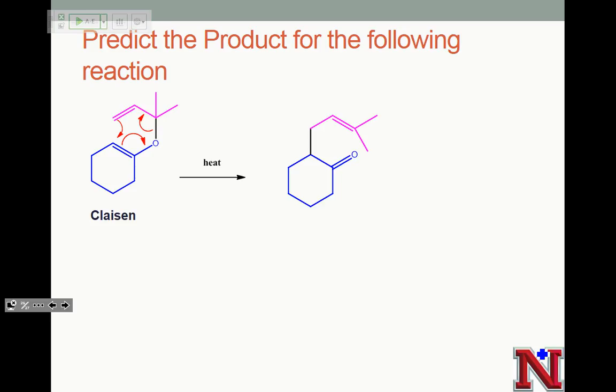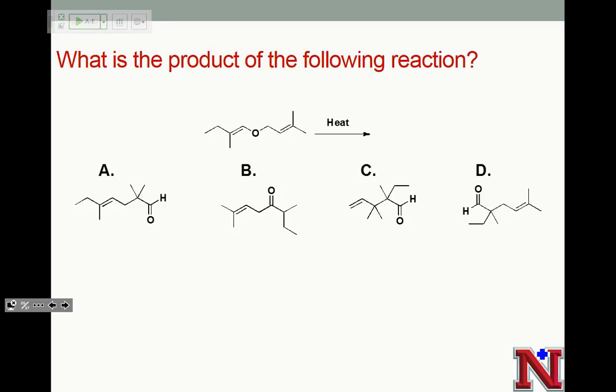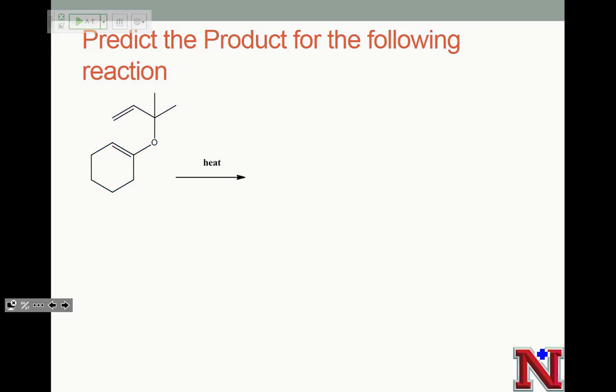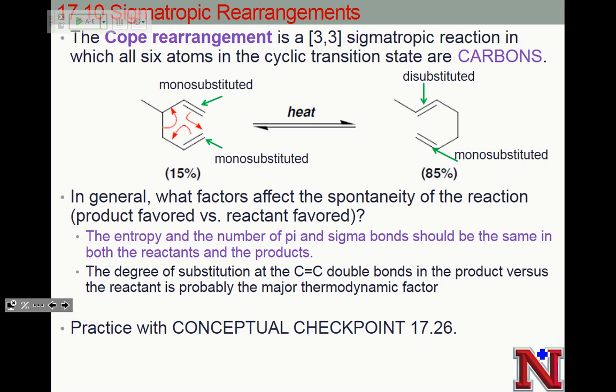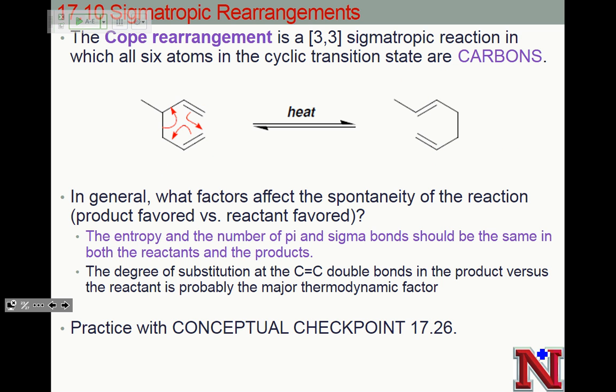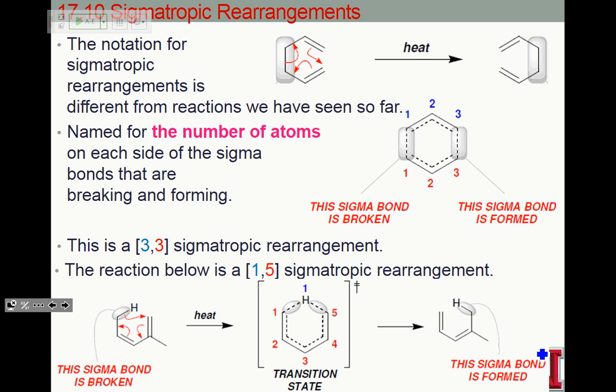And notice one thing I do want to point out, especially with this one. Notice that the arrow is not pointing to the hydrogen. We're not forming a charged species. But the electrons from this sigma bond are being transferred to form the sigma bond here.